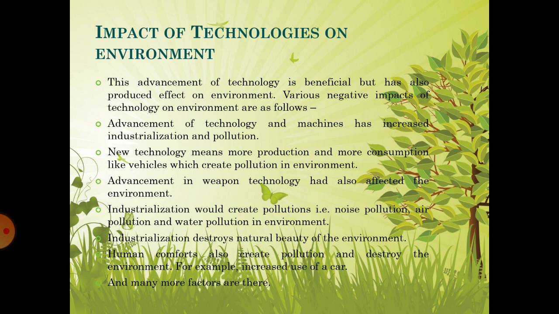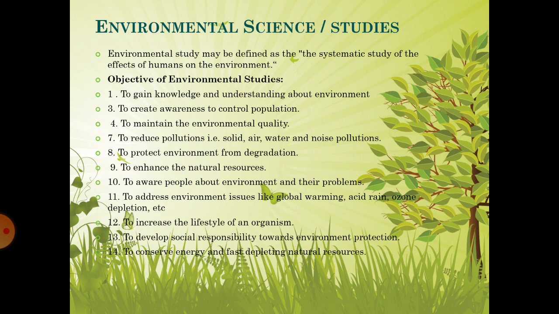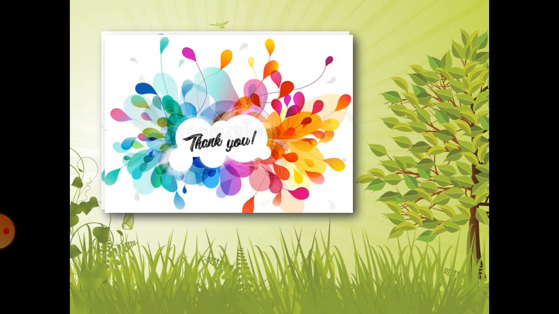Industrialization creates pollution, for example, noise pollution, air pollution and water pollution. Industrialization destroys natural beauty of the environment. Human comforts also create pollution and destroy the environment. For example, increased use of cars causes air pollution, and there are many more factors. Thank you so much.